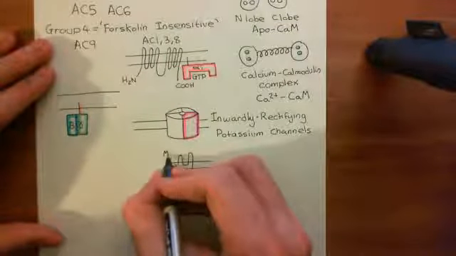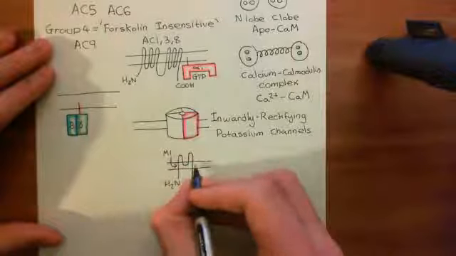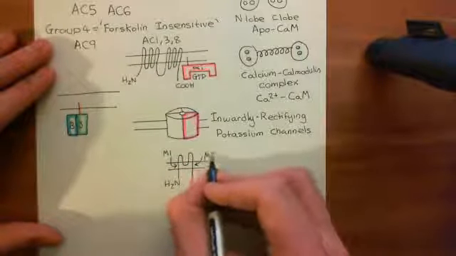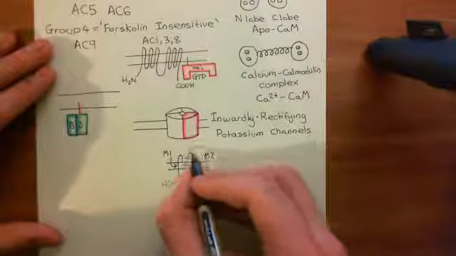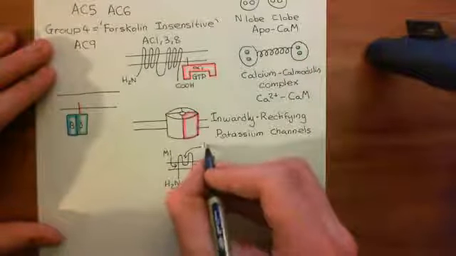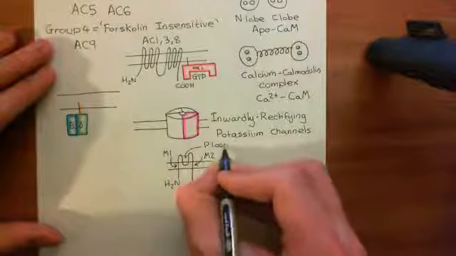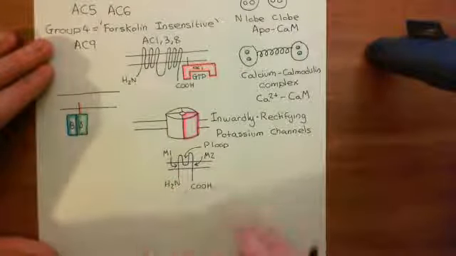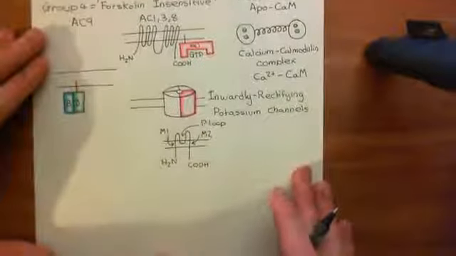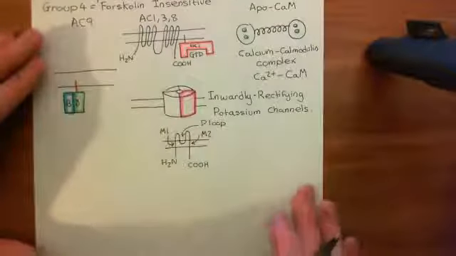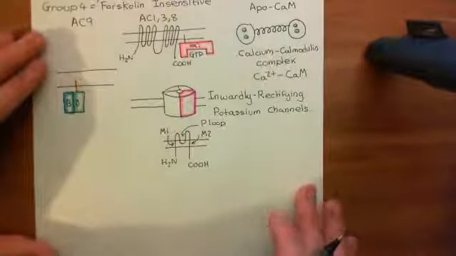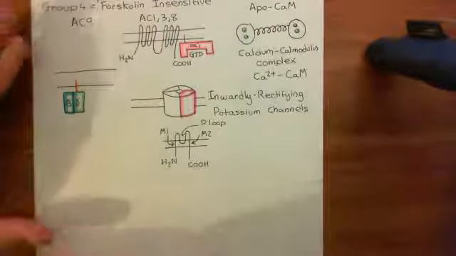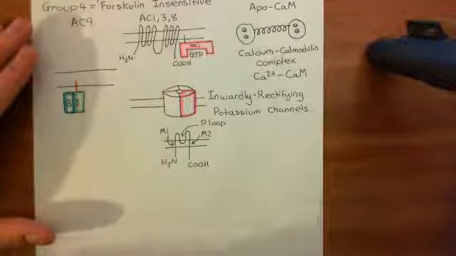The second membrane-spanning alpha helix over here is called M2, and this portion in the middle is called the P-loop. So we have two membrane-spanning alpha helices and a P-loop, and that's the structure of a single subunit of an inwardly rectifying potassium channel. You make four of these, stick them together, and you've got your inwardly rectifying potassium channel.